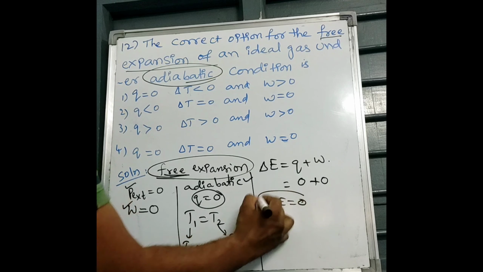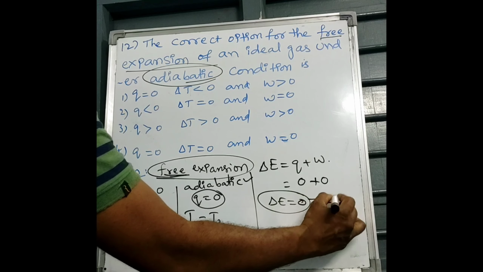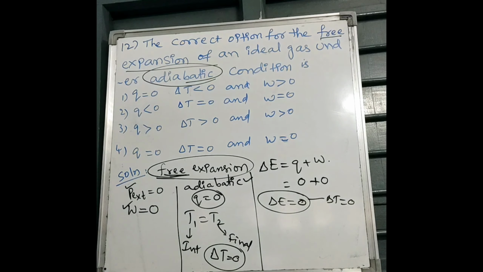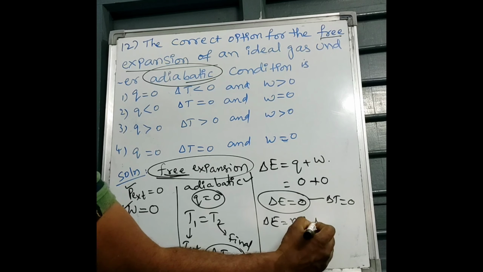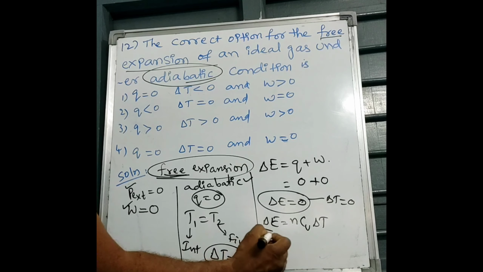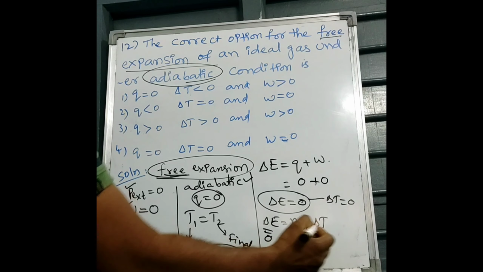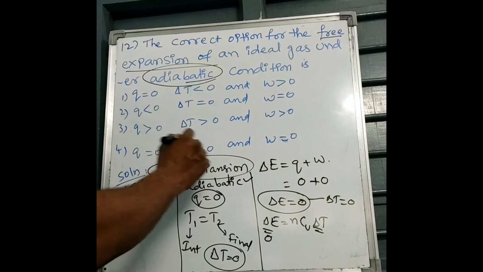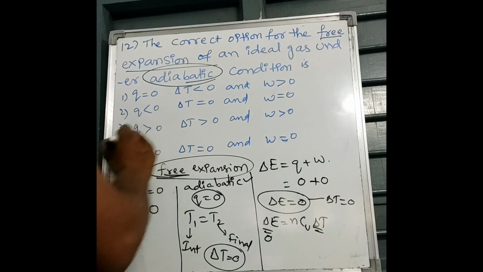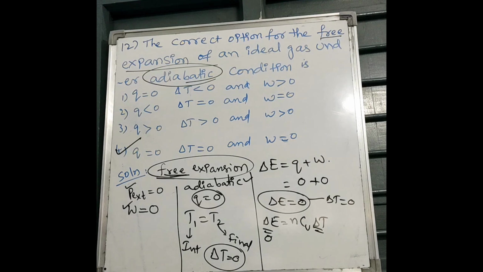When delta E is 0, delta T is also 0. How can we say? We have the relation delta E equals nCv delta T. If it is 0, delta T is also 0. So we can conclude in many ways for this question. The answer is Q is 0, delta T is 0 and W is also 0. The fourth option is correct.